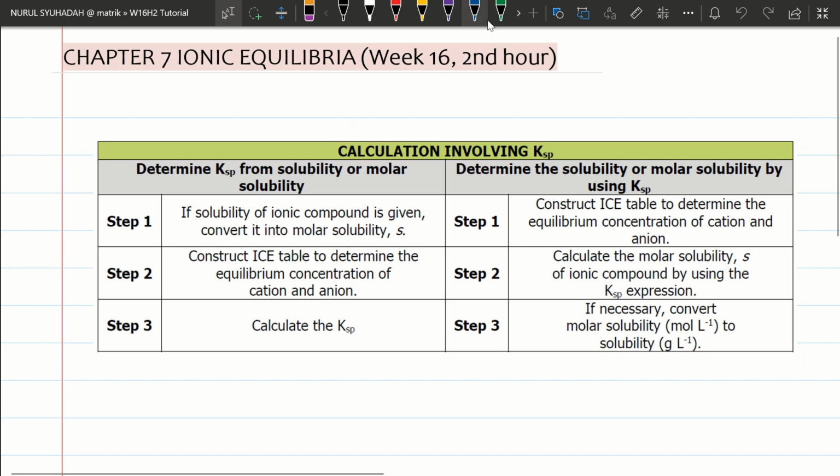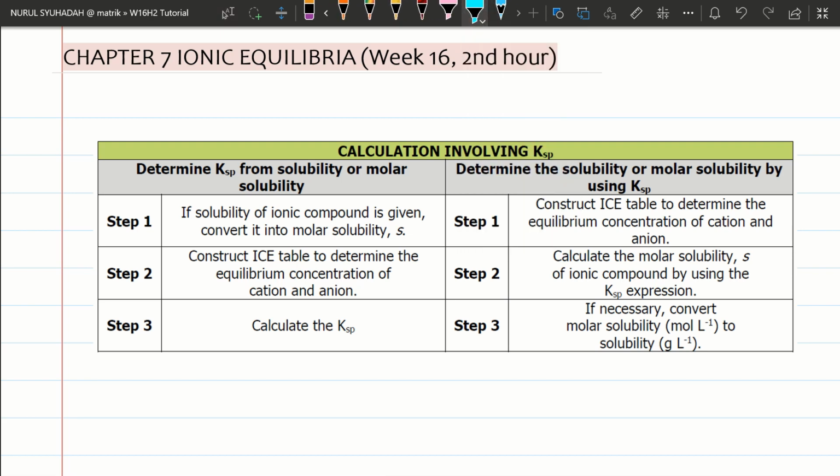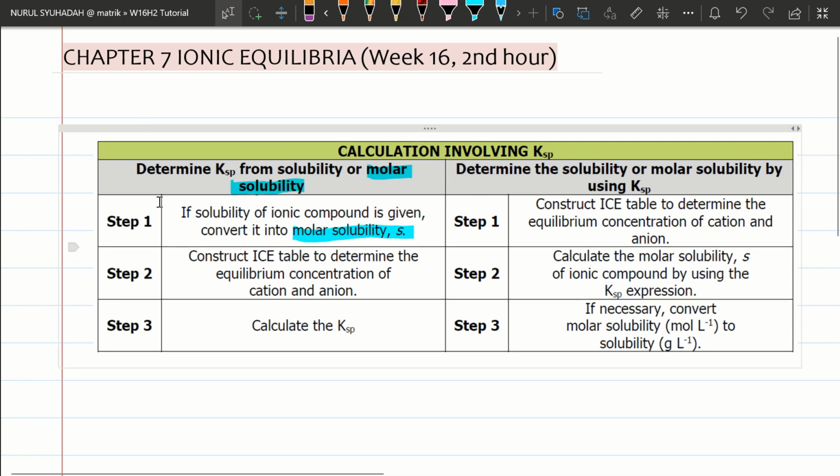Inside the ice table, you need to put the value. Okay, dalam ice table awak akan masukkan value molar solubility. Okay, whatever it is, kita mesti ada value molar solubility. Okay, sebab tu dekat sini step 1. Okay, if solubility of ionic compound is given, convert it into molar solubility.